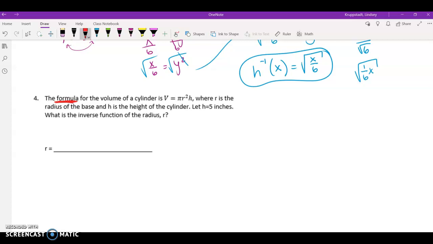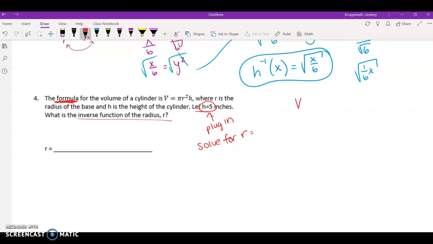They want us to let h equal 5. What is the inverse of the function for the radius? So they want us to basically plug this in and then solve for r. So I want to have r equals versus v equals.